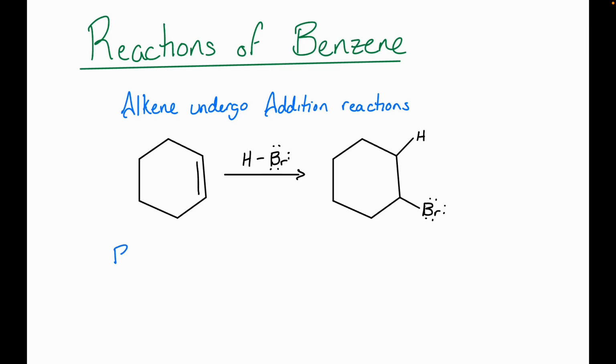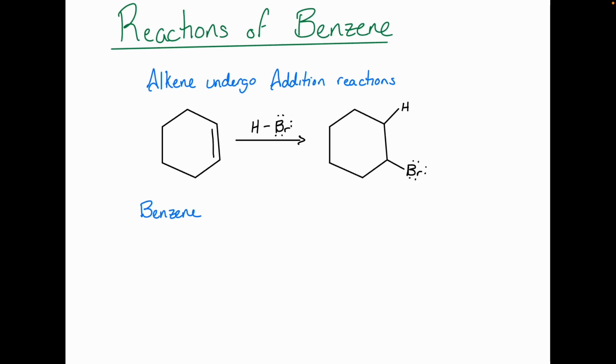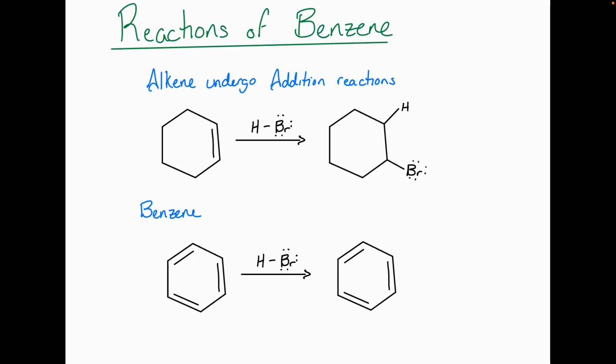Looking at benzene, so now I'm going to do the exact same thing, but I'm going to add 2 more double bonds to that ring. So I'm no longer talking about a cyclohexene, but now we're that special benzene compound. So if this underwent an addition reaction, this would be my product here.